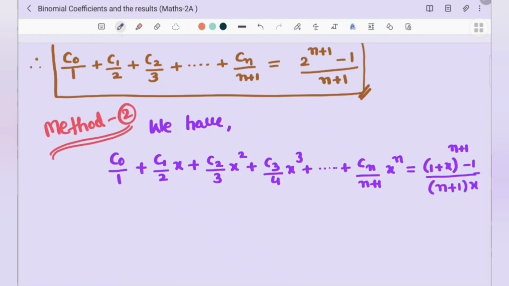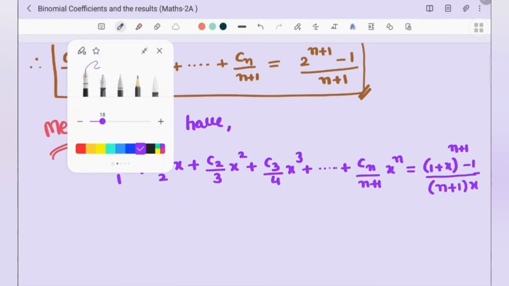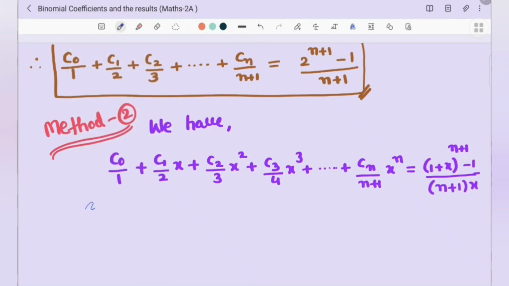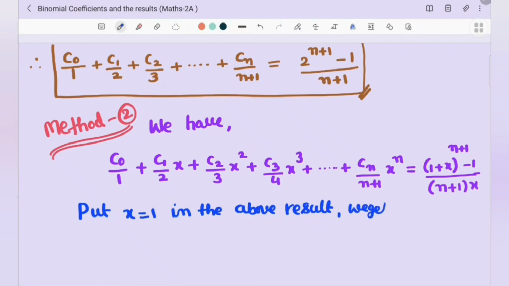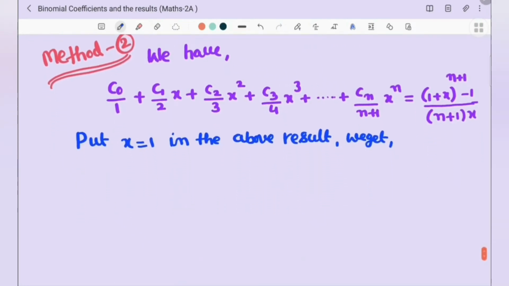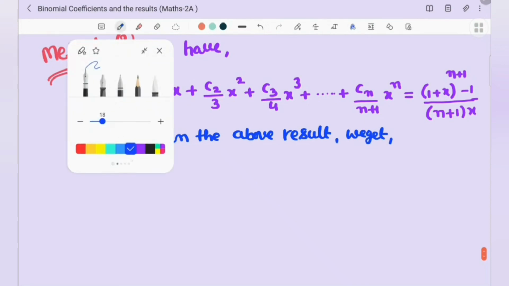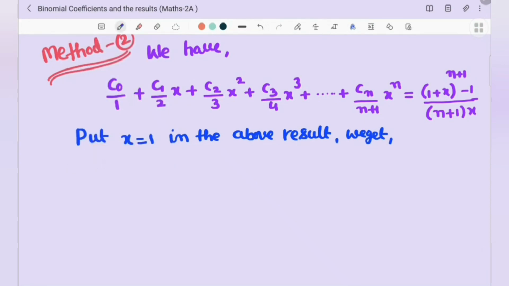We proved also. In this case, what we are doing is, put x is equal to 1 in the above result. We get C0 by 1 plus C1 by 2, C2 by 3, x square means 1 square.